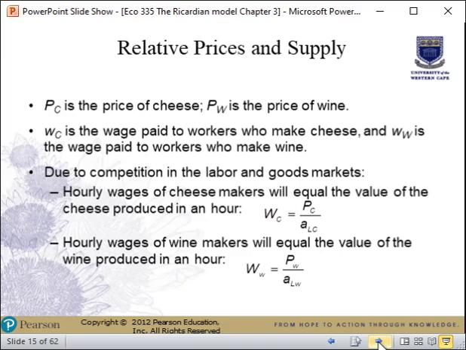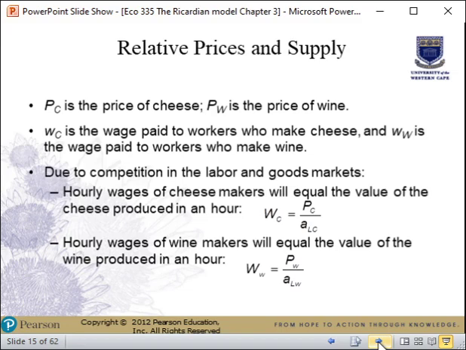Let PC denote the price of cheese whilst PW denote the price of wine. As a result of competition in the labor and goods market, supply decisions are influenced by individuals' attempts to maximize earnings. Note, there are no profits since workers receive the full value of their products. Hence, the supply of cheese or wine will depend on the sector that pays the highest wage.